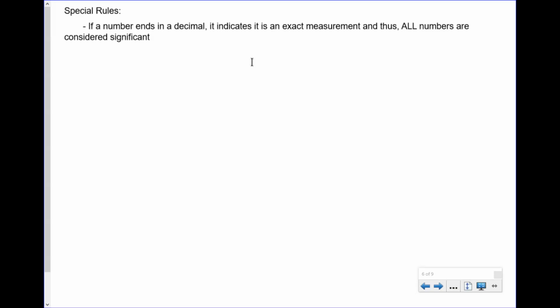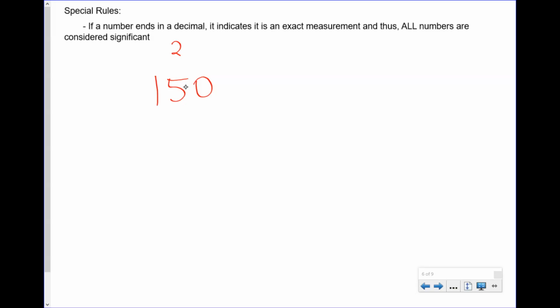So going back to that image of the electric balance, if I'm measuring something out and it comes out to 150, well, by the normal rules that we just talked about, there's only 2 sig figs in that number, the 1 and the 5, and that 0 is a placeholder.